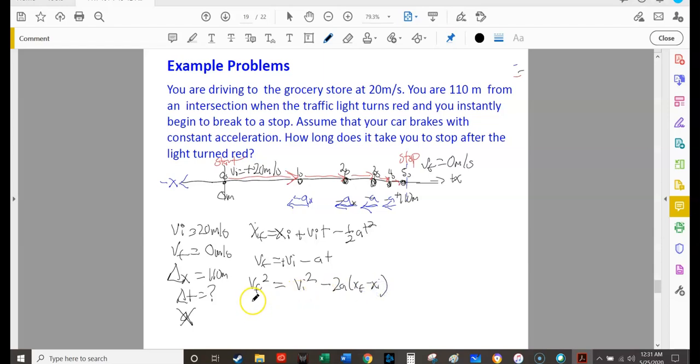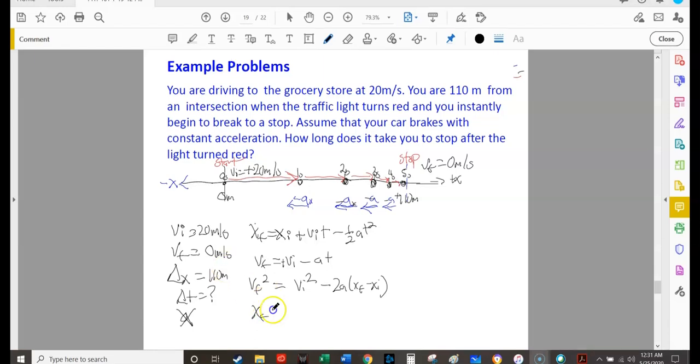And then finally, we have x final equals x initial plus (v initial plus v final) over 2, times delta t.